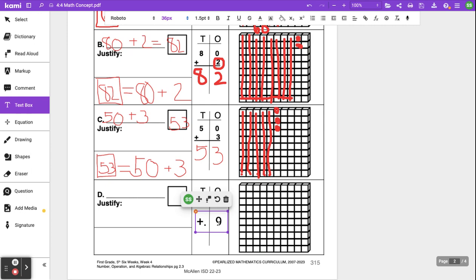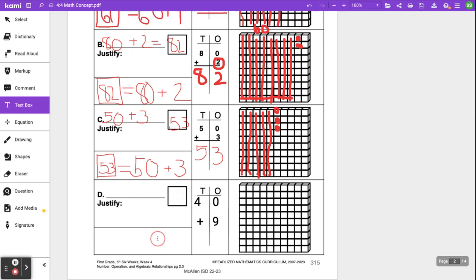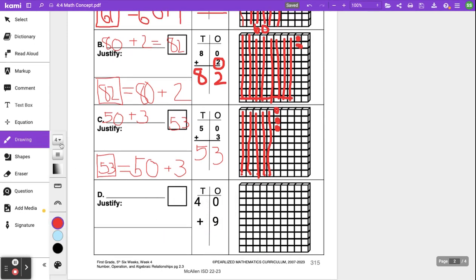What will that equal? What do I need to do first? Sorry, I pushed too many buttons there for a second. What will 40 plus 9 equal? Let's show it on our hundreds block.